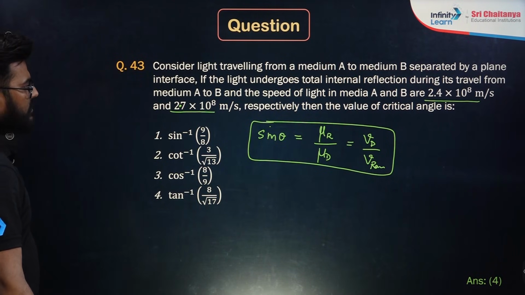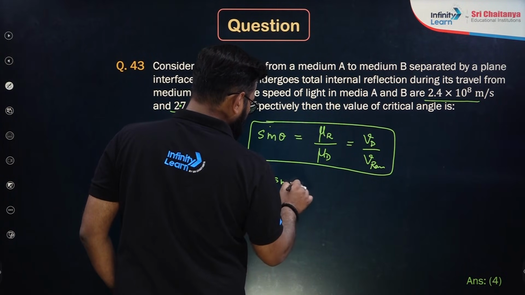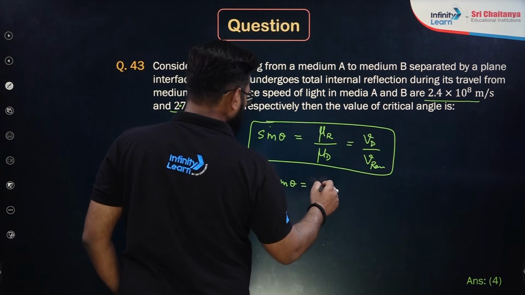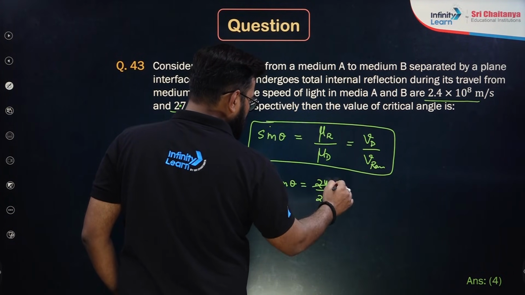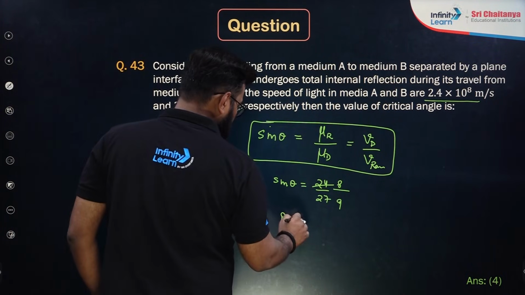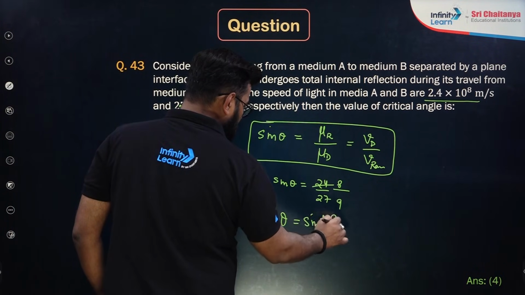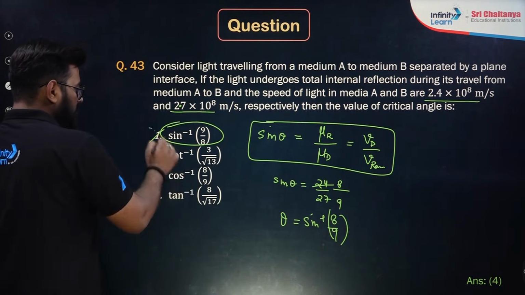So velocity in denser is to velocity in rarer. So sine theta, I think the value will match this. Sine theta over here will be equal to 2.4 upon 2.7, 24 upon 27. This will be 8 is to 9. So theta is turning out to be sine inverse 8 is to 9. Obviously sine inverse 9 by 8 is not possible.